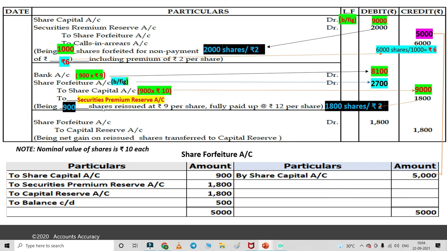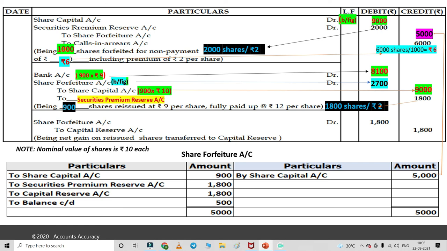So that is why 900 into rupees 5 will come 4,500. So from 4,500, if 1,800 has been transferred to capital reserve, the leftover amount will be 2,700 only, because 4,500 minus 1,800 will come 2,700. So our sum is completely made correct by us.